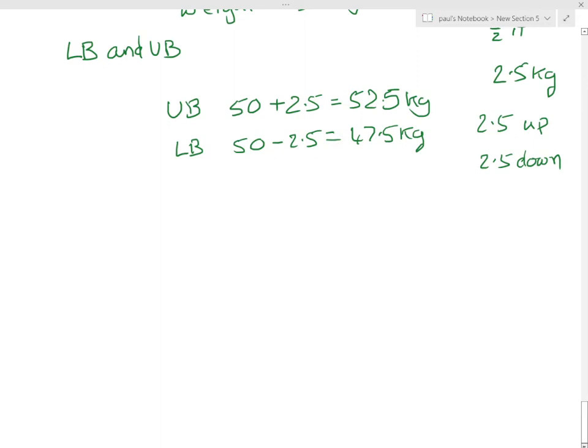Or you may have to write them in, I always forget what this is, bounds always given in, hang on a second, I'll work out what that is in a minute.